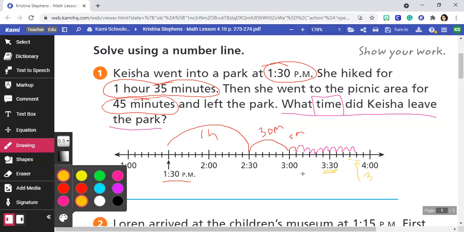I'll get better at this sooner or later. 3:50. So according to this number line and all the forward movement that I did, what time did Keisha leave the park? Keisha left the park at 3:50 p.m. And that's important, p.m. That's our label.